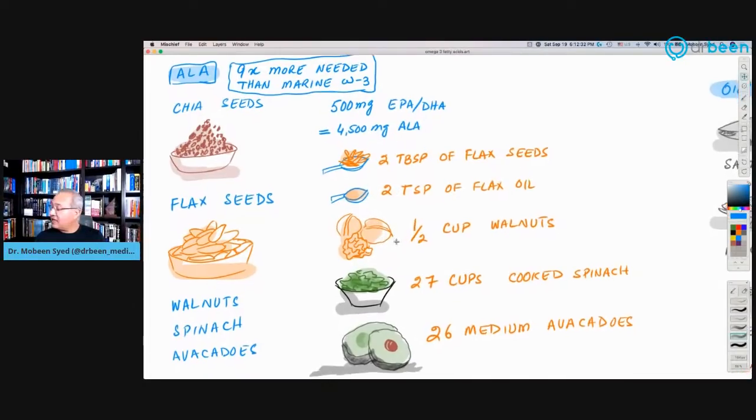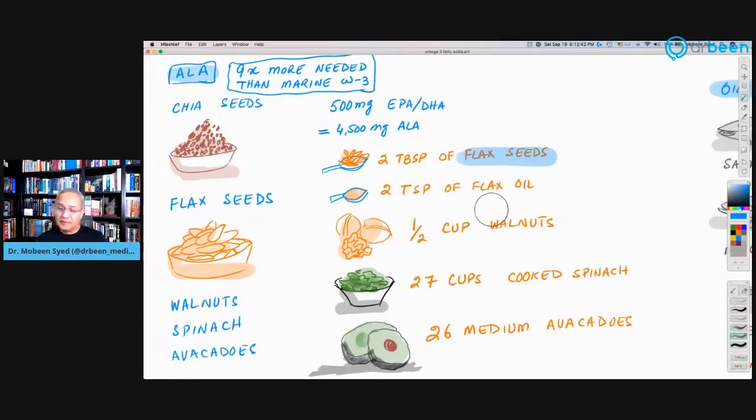And secondly, when you are taking food that may have ALA in it, here are some conversions that are interesting to keep in mind. 2 tablespoons of flax seeds are enough for the daily ALA intake. 2 teaspoons of flax seed oil is sufficient for daily intake.